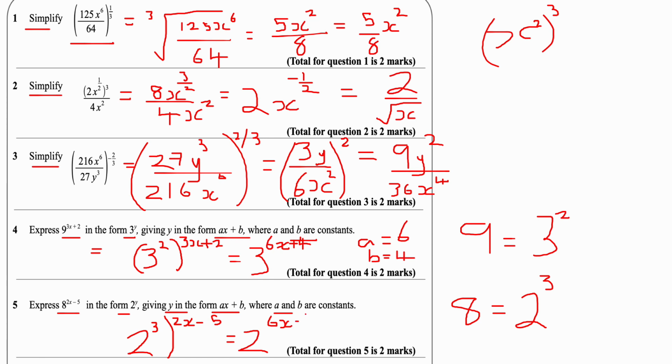Essentially I'm expanding a single bracket there, and putting that 2 there. So that's where the 6x minus 15 comes from. So in this case, a is equal to 6 and b is equal to negative 15, guys.